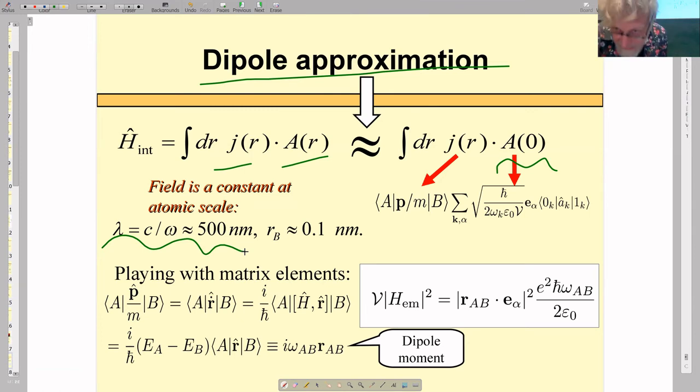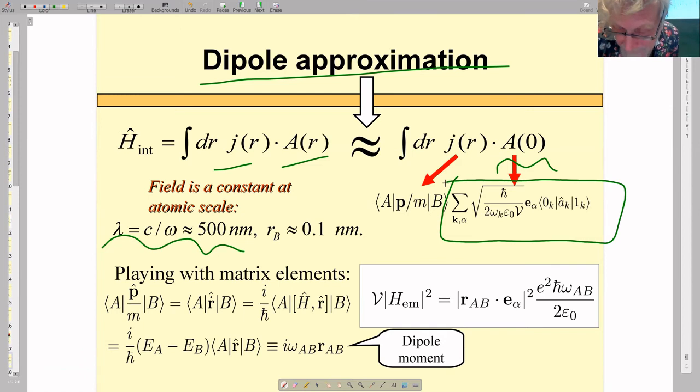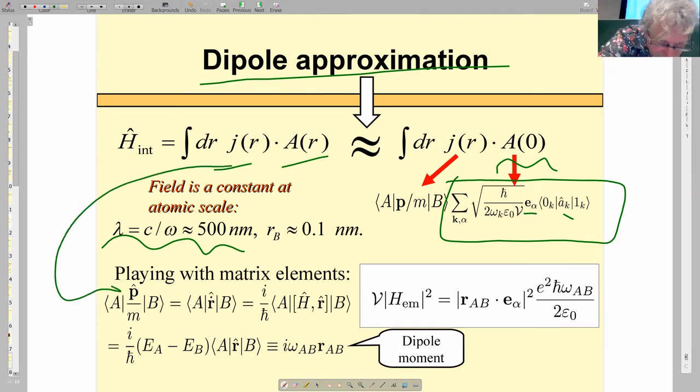So we could just take a formula which doesn't contain R dependence. Let's see. Here there are creation and annihilation operators, polarization vectors. Not to forget about this. Right. Now we're going to play a bit with matrix elements. So this is current. In another way, it's velocity.